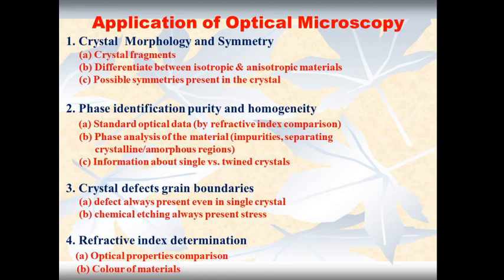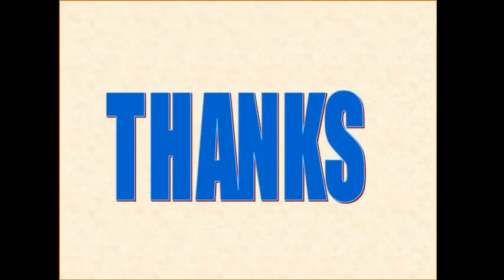By surface morphology, we can see the homogeneity of the material, also obtain optical data by refractive index comparison, phase analysis, information about single crystal and polycrystalline material, crystal defects and grain boundaries, refractive index determination, and there are many other applications of optical microscopy. Thank you very much.